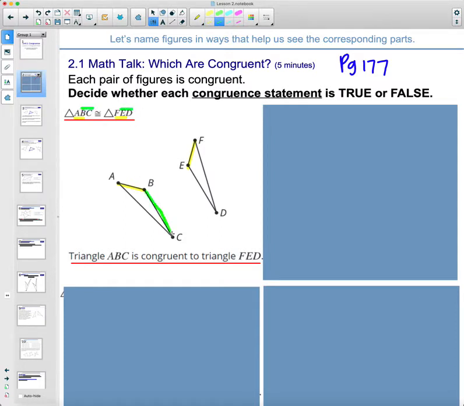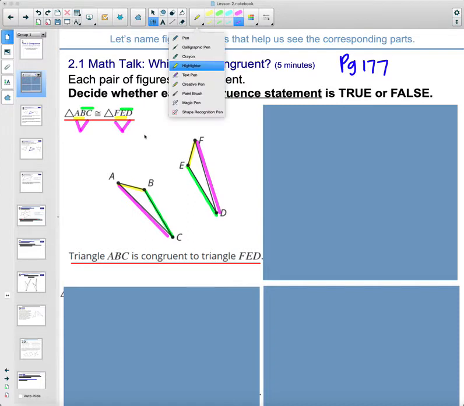And then finally, A to C and F to D, that first and last, and see if these two triangles go in the same order. And they do, so this would be a true statement. So this congruent statement is true.